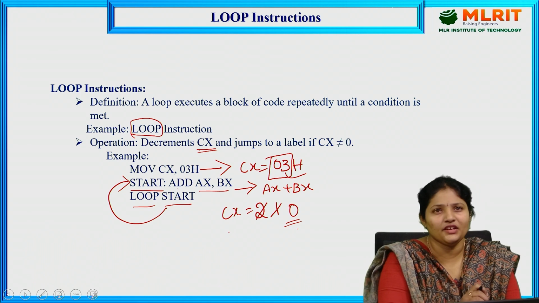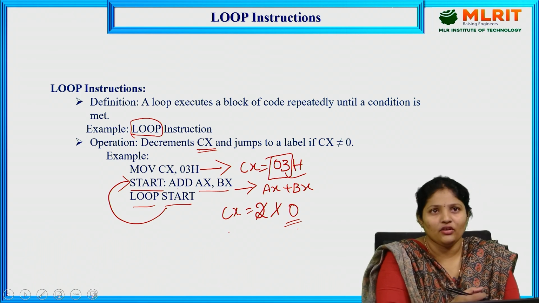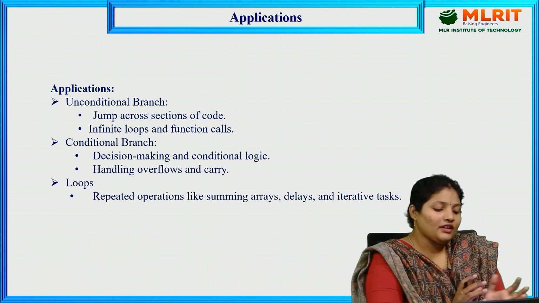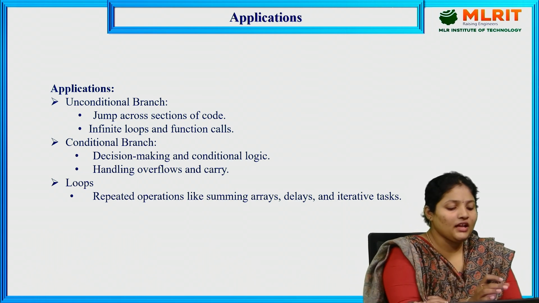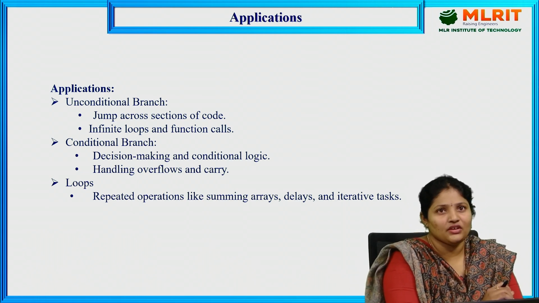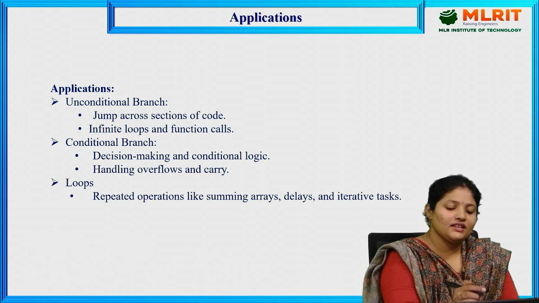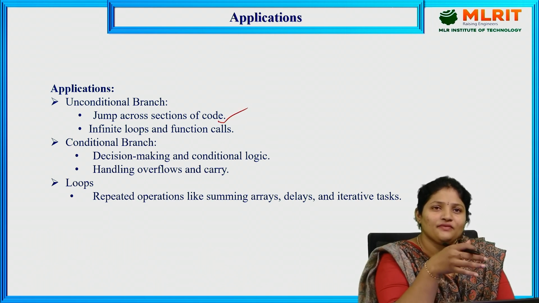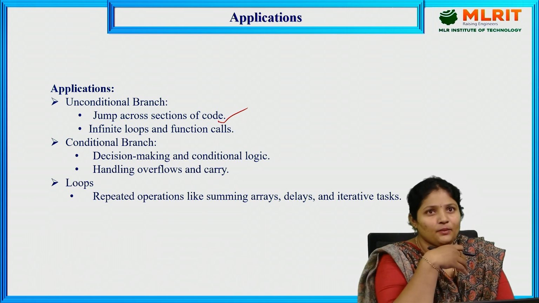So this is the difference between the loop and the branch or conditional branch instructions. Now, what are the applications of these instructions? When coming to the unconditional branch instructions, they will jump over sections of code, create infinite loops, and function calls will be executed by using unconditional branch instructions.